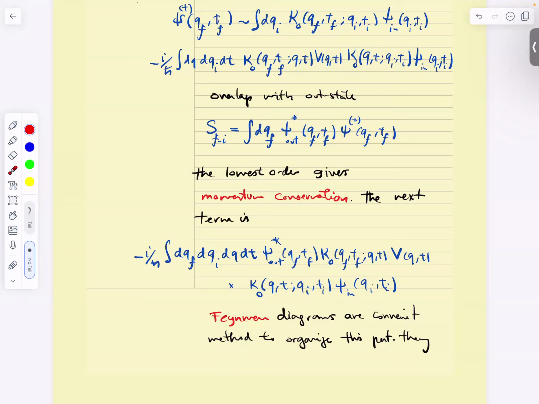So what is this? This is the propagator K0, this is the initial wave packet, and that's the final wave packet star. What are you integrating over? You're integrating over all the possibilities of going from t_i to t_f, from here to here, from here to here.